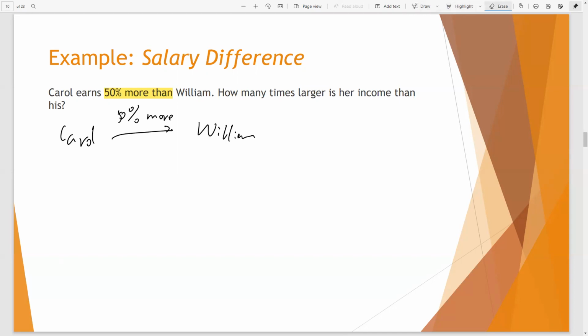All right, let me write better. 50% more. And from the previous slide, we see that 50% more means 100 plus 50% of the wages William earns. Right, so that is 150% of William.